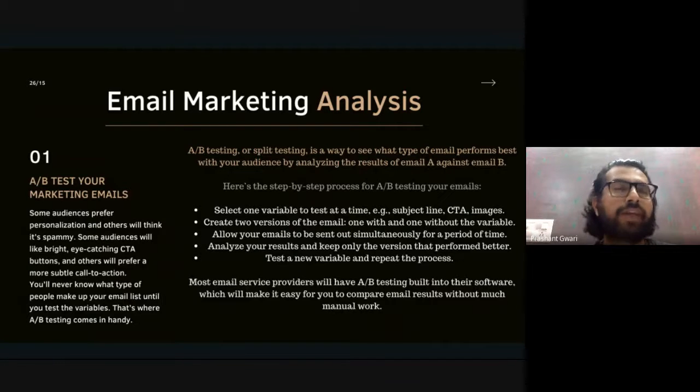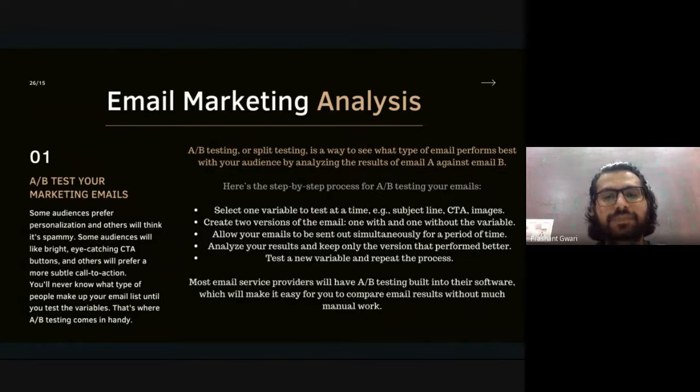You will pick one variable at a time, like subject line, CTA, or image. Then what you will do is create 2 different emails, one with one subject line, one with a different subject line. So both email marketing campaigns have a different subject line, or maybe both have a different call to action button, or both have different images.